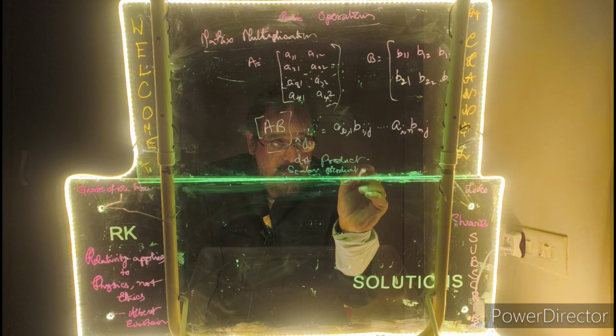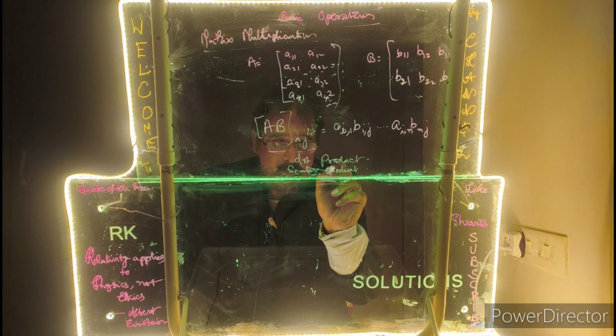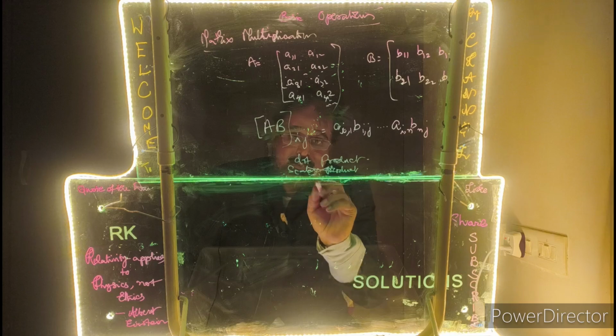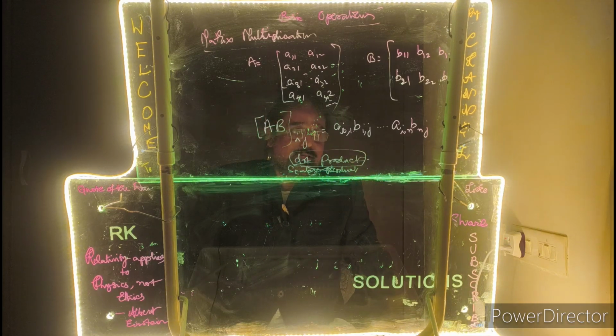We have seen scalar multiplication, so this is not scalar multiplication. It is called by a different name, the dot product.